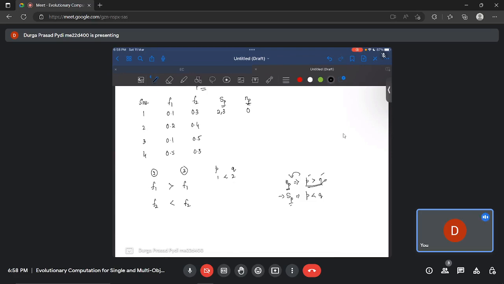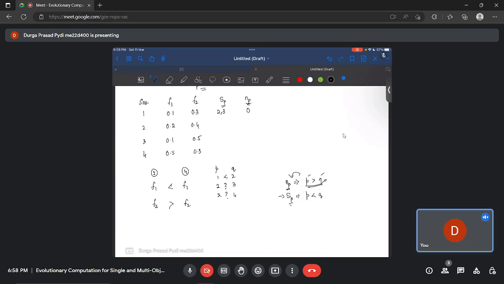So there exists no relation between 2 and 3. You cannot say which one of them dominates. And then you compare 2 and 4. This is less and this is greater. This is also the same. For 2 and 4, you do not have anything.